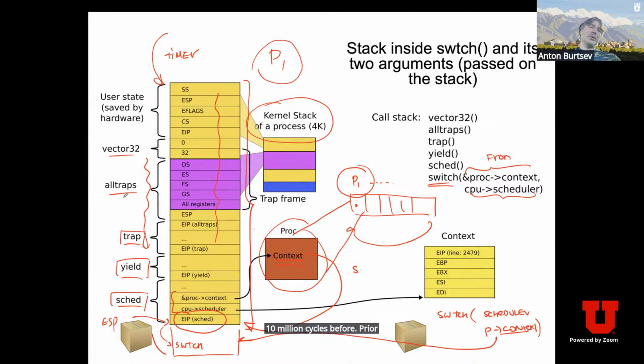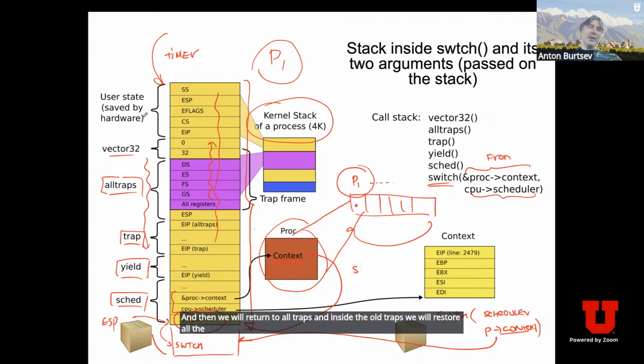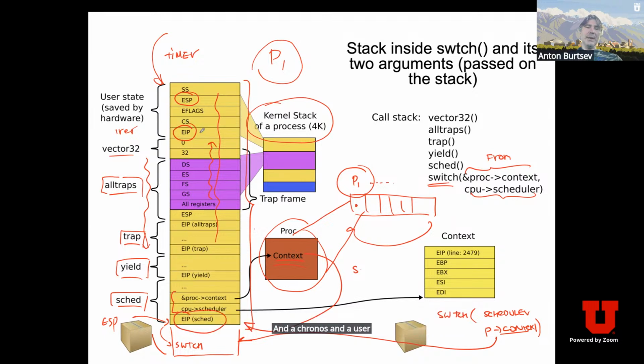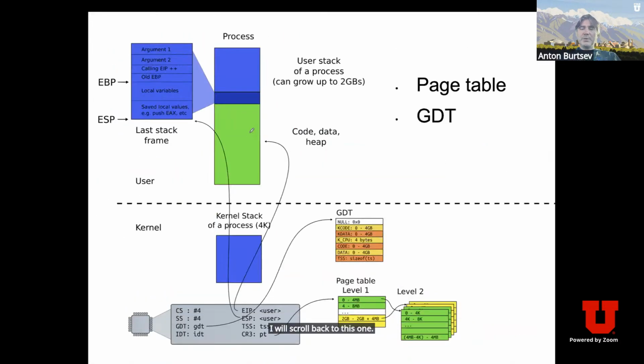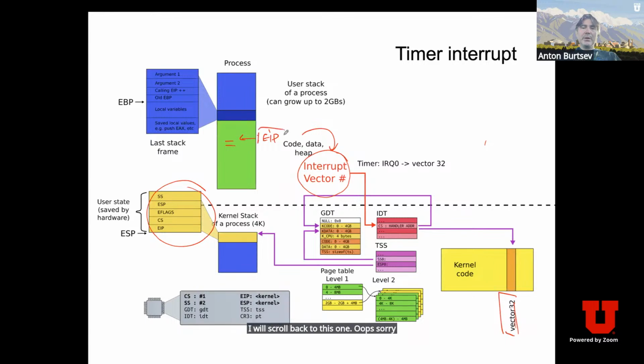Then we will return to trap, and then we will return to alltraps. And inside alltraps, we will restore all the user registers, and we'll do the iret to essentially restore the user level stack and the user level instruction pointer. And these two will get us back. I will scroll back to this one. Oops, sorry, to this instruction pointer right here.